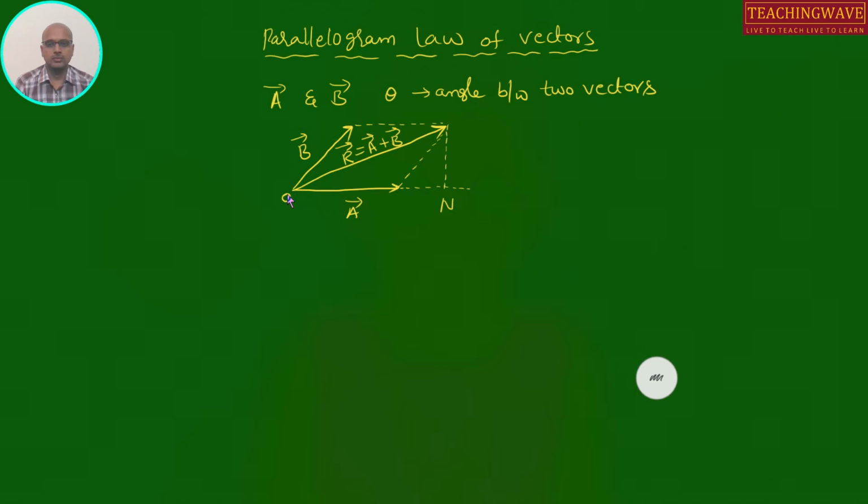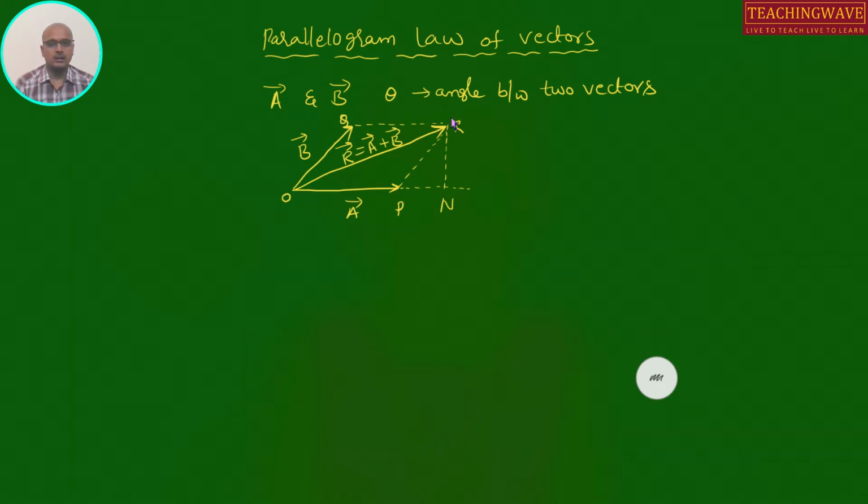Let us assume O, P, Q, R as the parallelogram. O, R, N is one right angle triangle.